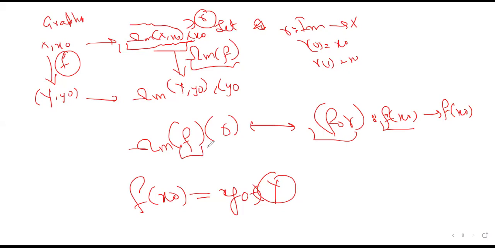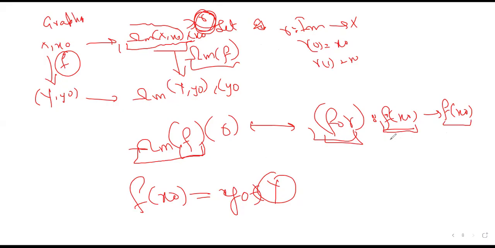Okay. So omega m of f is a morphism, sorry, it sends the object gamma to f of gamma. What is f of gamma? F composed with gamma is a morphism from f of x naught to f of x naught.